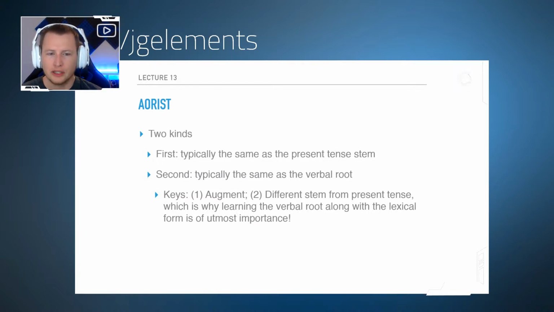Now, when you're looking at the second tense, because it's a different root, one, you'll see an augment, so you'll know it's some form of past tense. And two, with the different stem from the present tense, you will have learned the verbal root with your vocabulary, and so you'll be able to recognize it, okay?